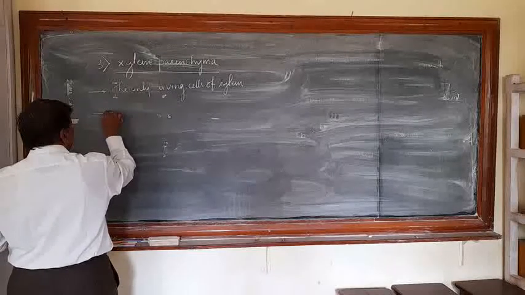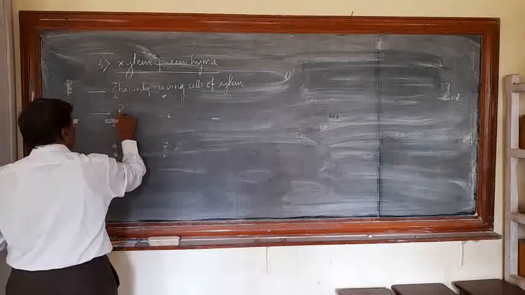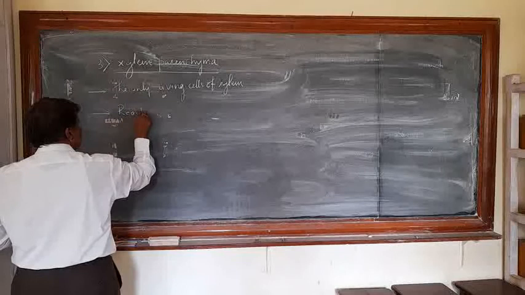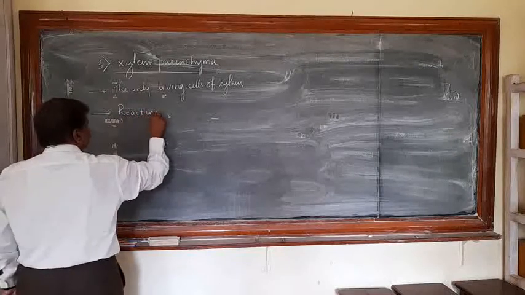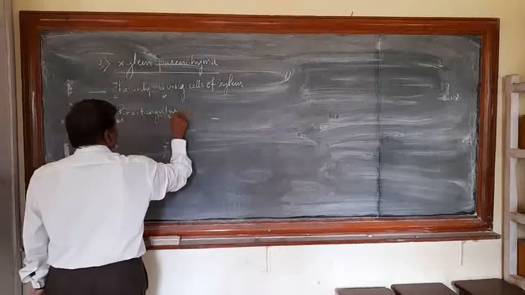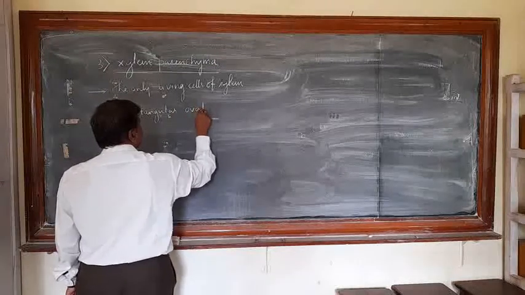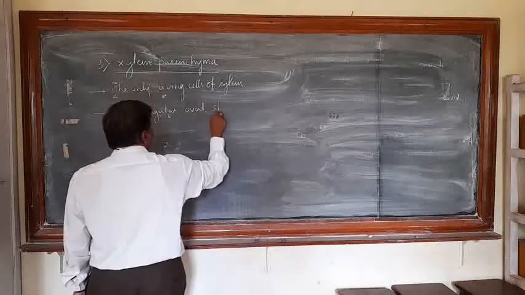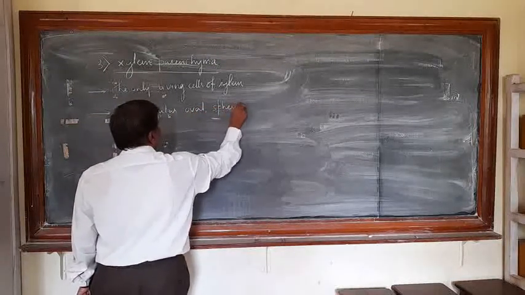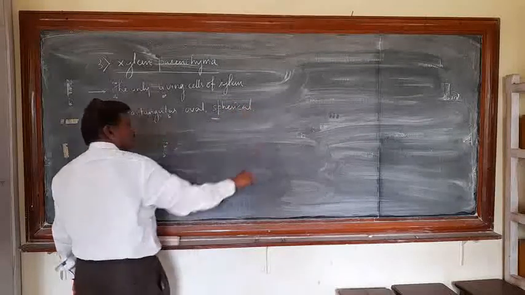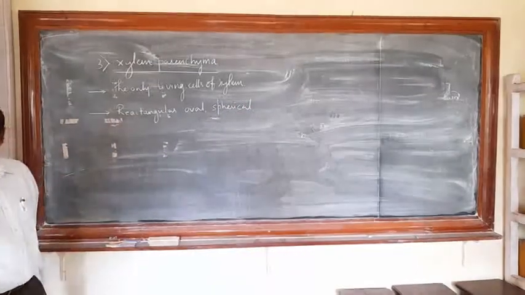The shape is going to vary. The cells may be rectangular, oval, or spherical. They vary in their shape.